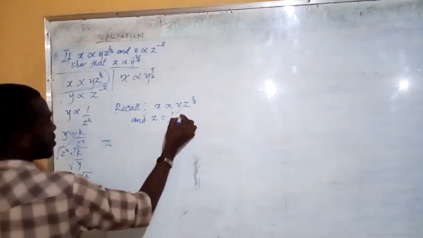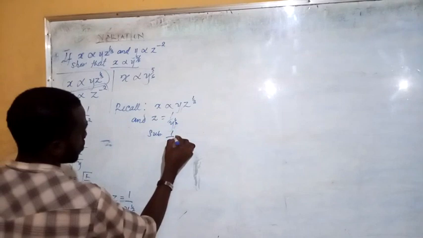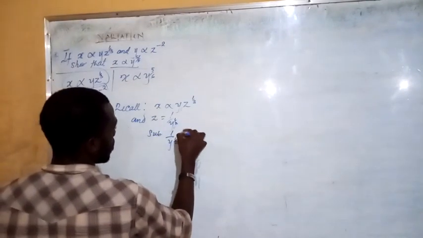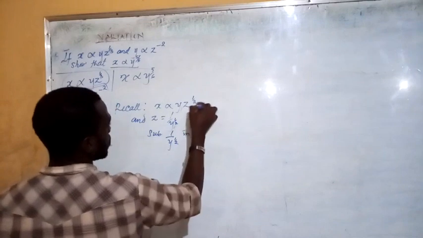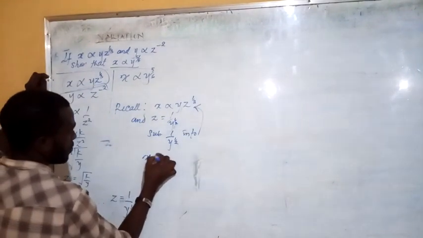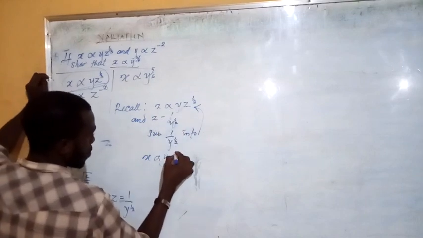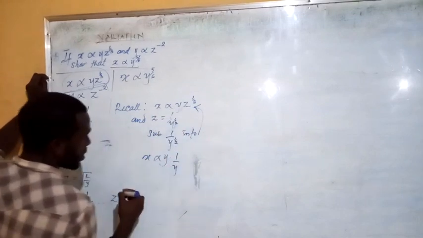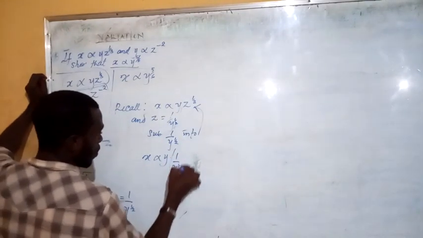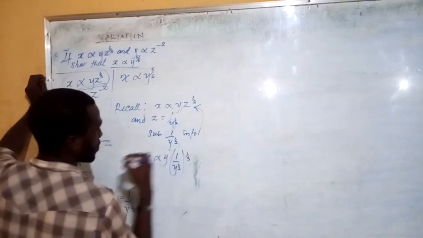So we can substitute 1 over y raised to the power 1 over 2 into this. So we have x varies directly as y times 1 over y raised to the power 1 over 2, all raised to the power of 1 over 3.